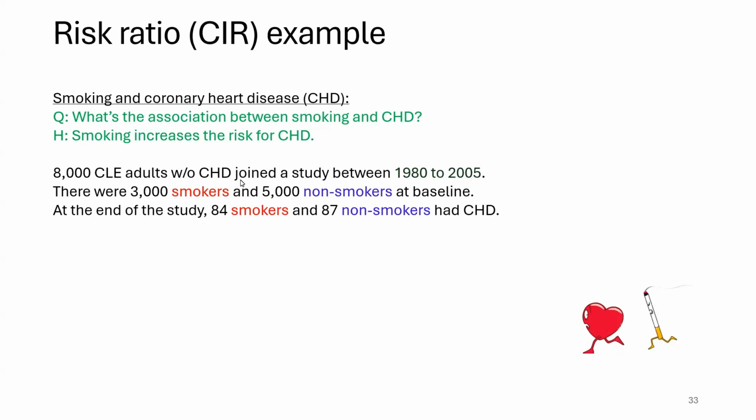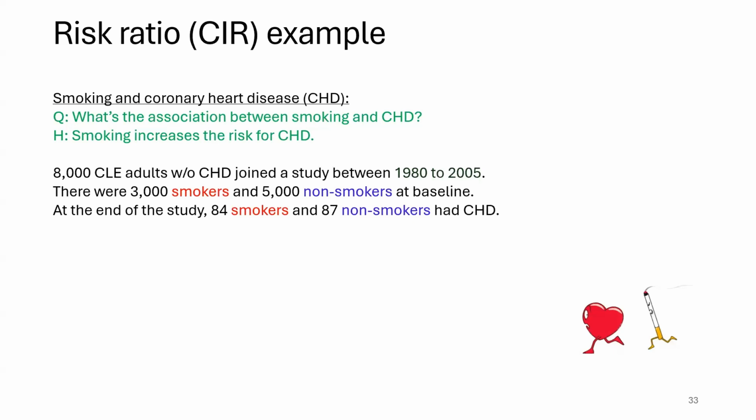Among them, 3,000 people smoked at baseline and 5,000 people didn't. So this adds up to our total population here. At the end of our study, 84 of those who smoked developed coronary heart disease, and 87 people who did not smoke had coronary heart disease.